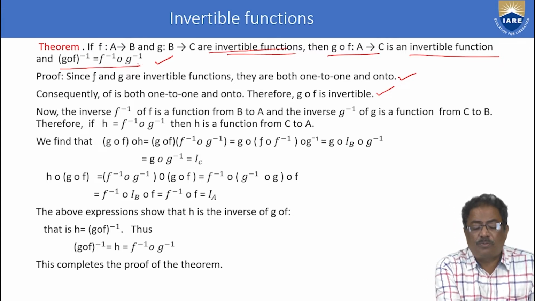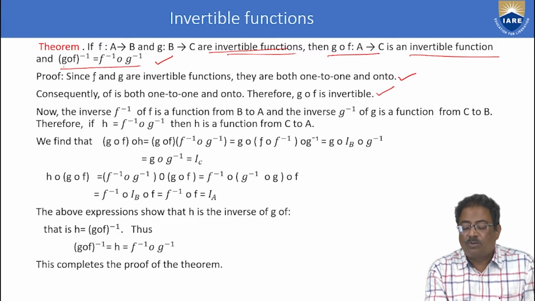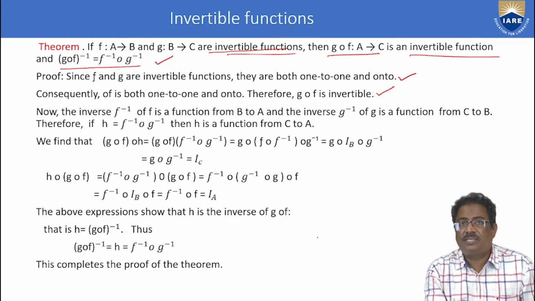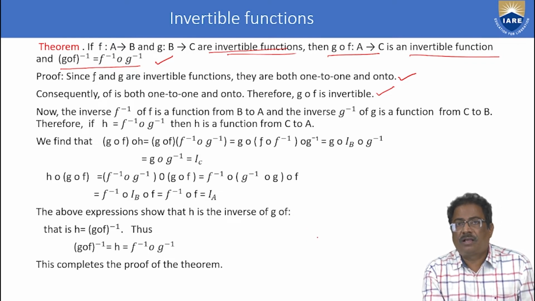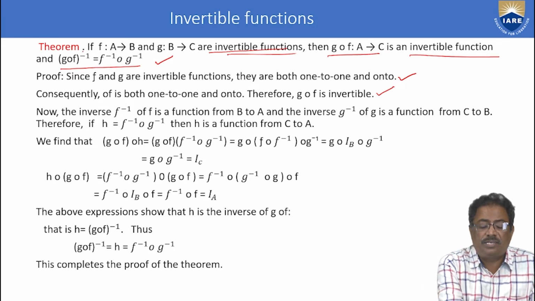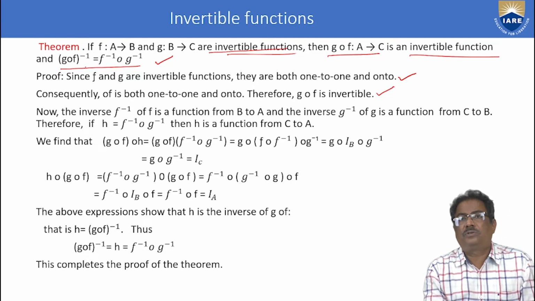Instead of proving this, we already said that a function is invertible whenever the composition of the two is equal to the identity function. So I am taking this as one function f and this as another function h, and applying a composition.